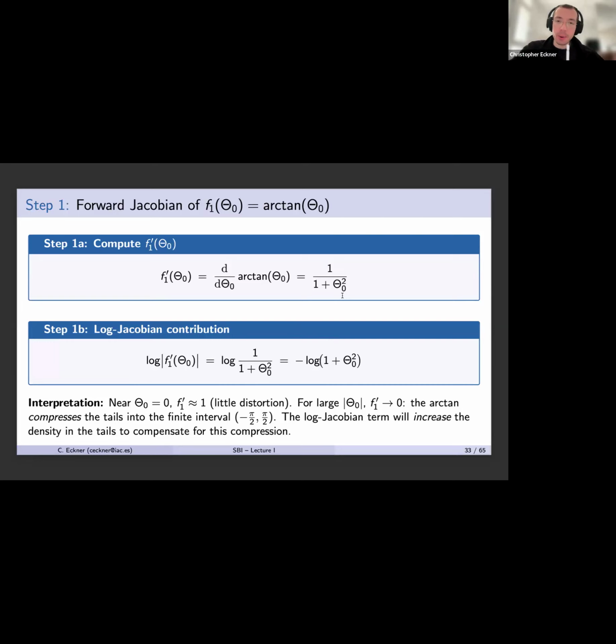In the formula we had before, we use the log form, so what we need here is the log of the derivative, which is minus the log of 1 plus theta 0 squared. Since the arctangent has two asymptotes, namely pi half and minus pi half, anything of the original samples that is largish will be compressed to attain values exactly at this asymptote.